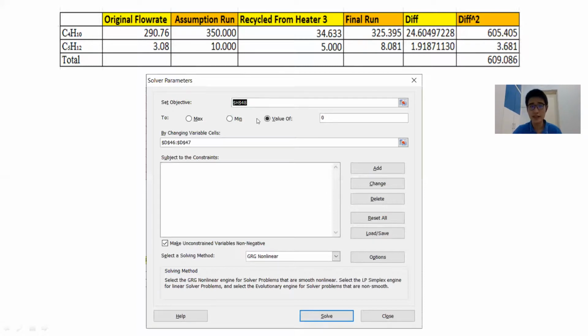After that, we set the value as 0 because we need to iterate all the values into 0. After that, by changing the variable cells of the assumption run, we link the value of the assumption columns here. After that, we press solve.